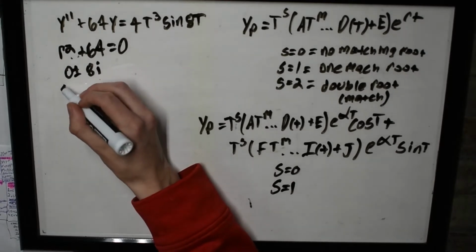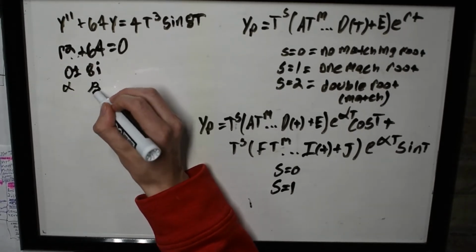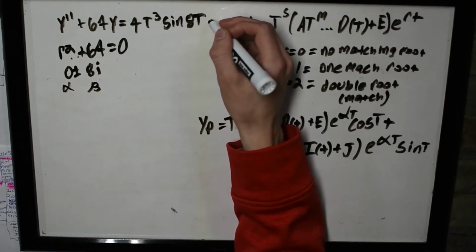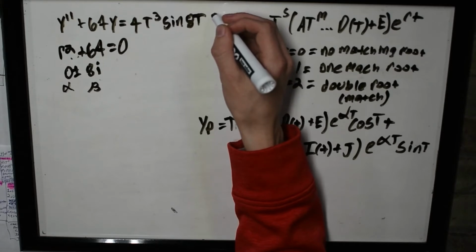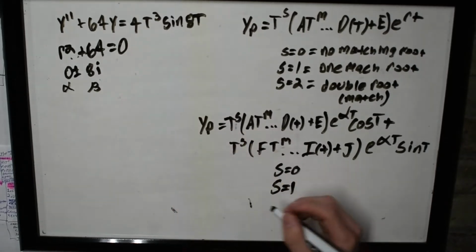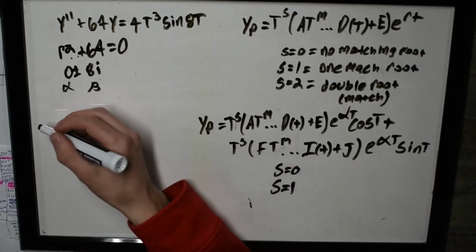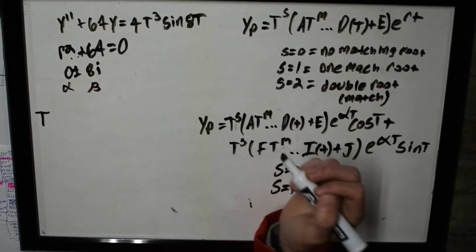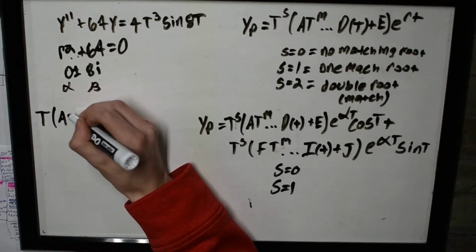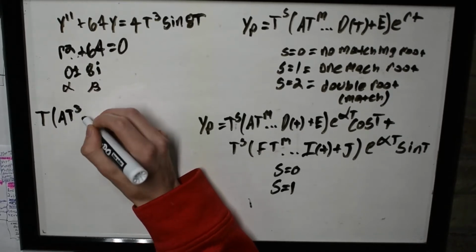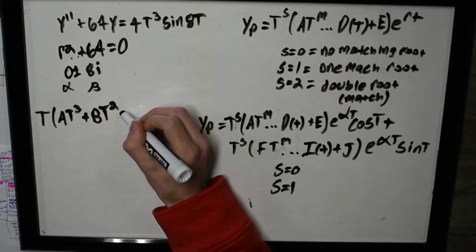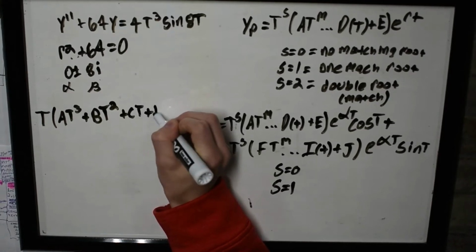Well, here we have alpha is equal to 0 and beta is equal to 8. Here we have alpha equals 0 because you could pretend there's an e to the 0t right here. That would just be 1. And beta equals 8. So they match. So s is equal to 1. So we're going to get t, and then our m is t cubed. So we're going to have a t cubed plus b t squared. So we just kind of go down this polynomial. Plus ct plus d.